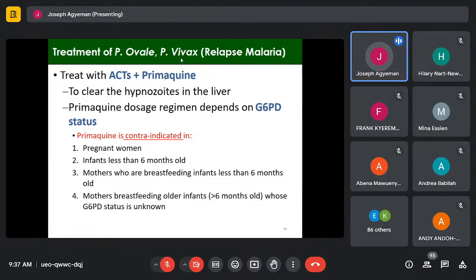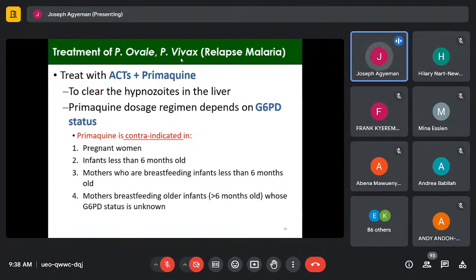Without any new mosquito bite and inoculation, those left in the liver from P. ovale and P. vivax can multiply, burst out from the hepatocytes, enter your plasma again and re-establish the case. This is what we refer to as relapse.